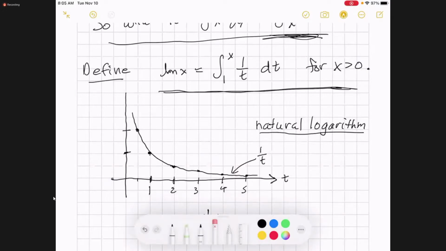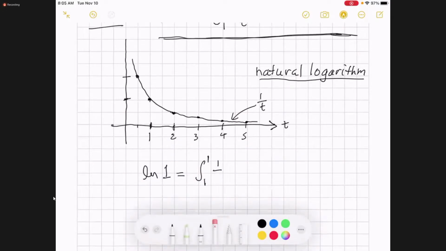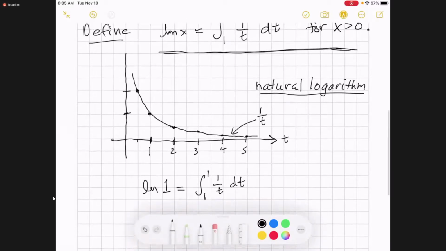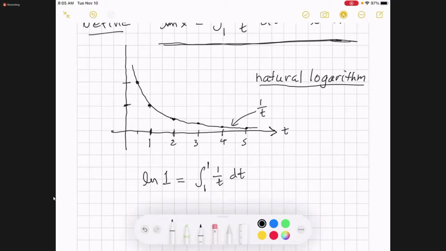The integral from 1 to 1 of 1 over t dt. What's it equal to? It would be equal to 0. Because notice that the endpoints are the same. So essentially, that integral's taking the area of that vertical line segment.